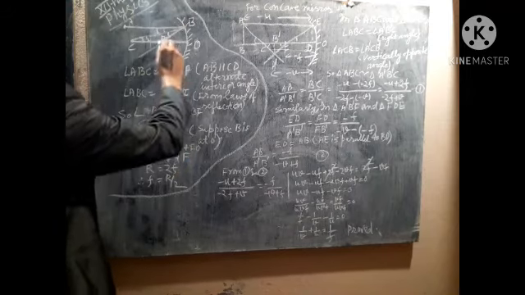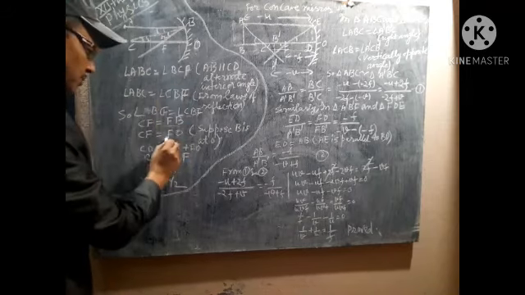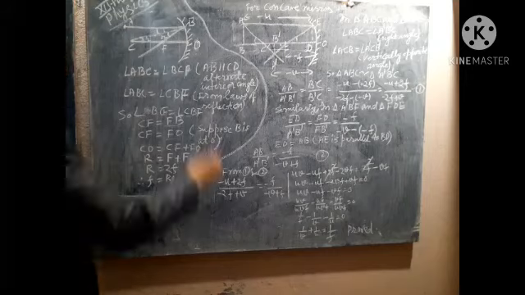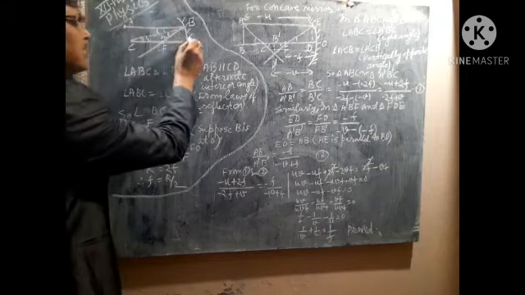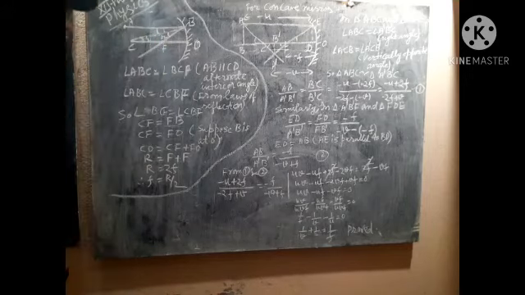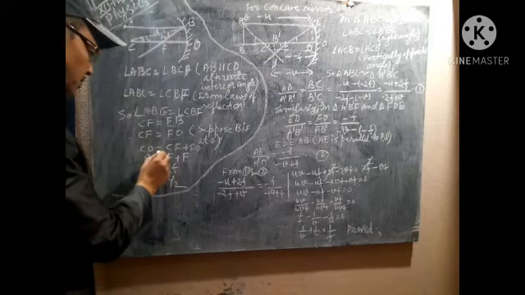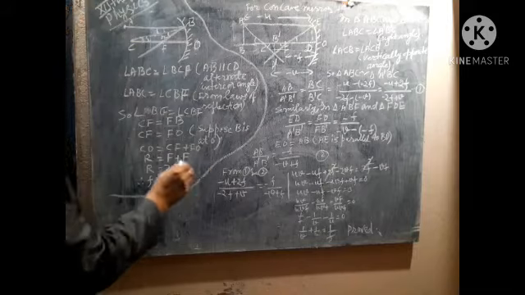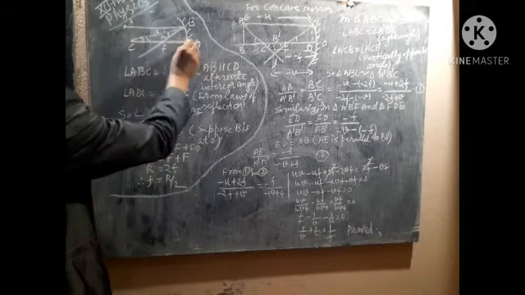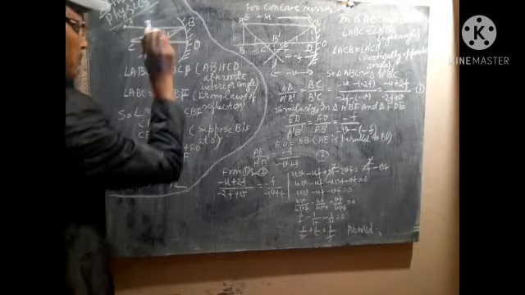And FB is equal to FO. How? Suppose B is at O. Sometimes it may be possible that this ray passes through O. Then CF is equal to FO, and CO is equal to CF plus FO. This CO is equal to CF plus FO.